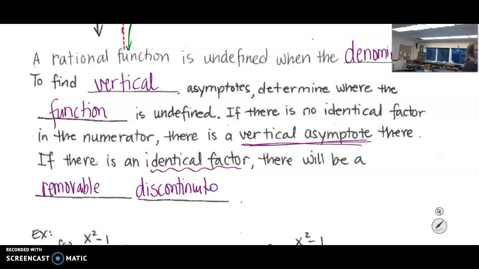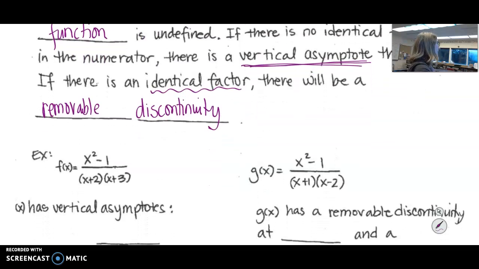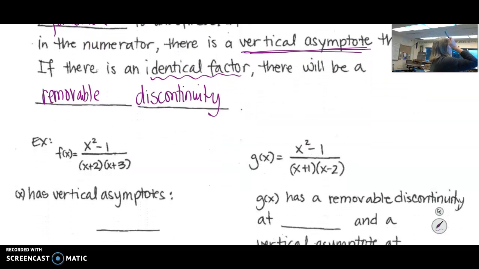I will show you what a removable discontinuity is shortly. But basically it's one tiny little missing point in the graph, or like a hole in the graph, instead of a whole line that causes the graph to go to infinity or negative infinity. Okay, so let's do an example.